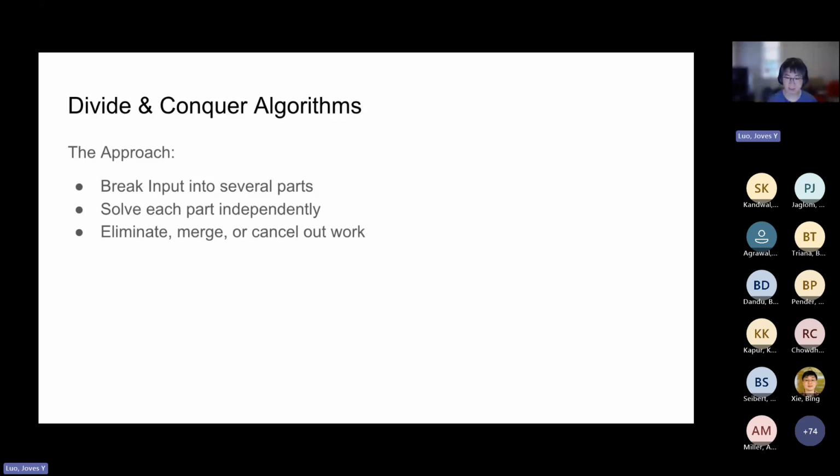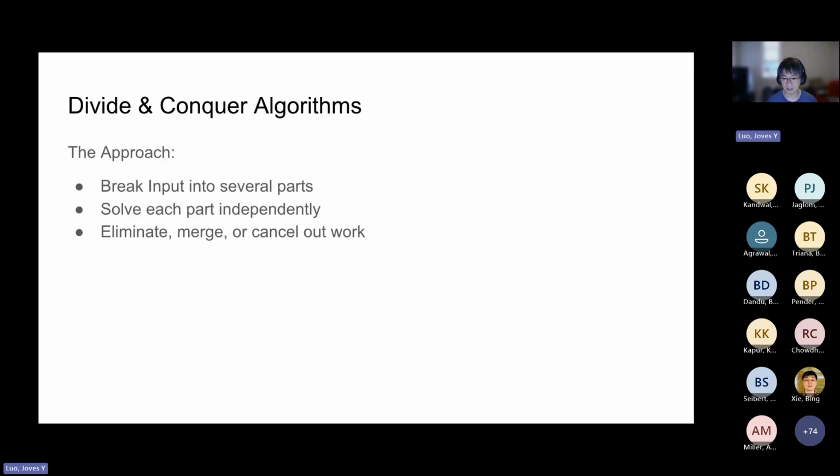Or, rather than constantly trying to compare everything, I compare smaller and smaller pairs, and I can bubble that up to the top by merging them. That's merge sort. Or trying to cancel out work: when I separate out all the equations, some of this math is going to be duplicated, and I'm just going to do it one time, and then I don't have to do it over and over again.